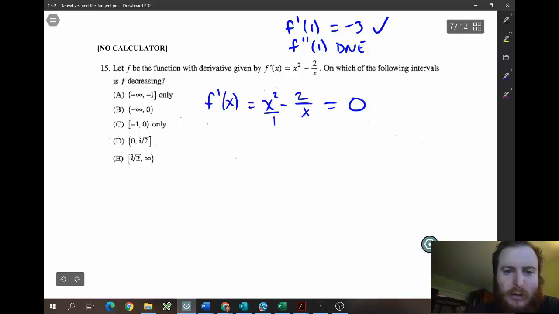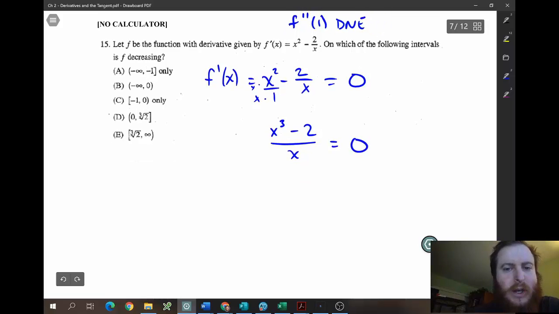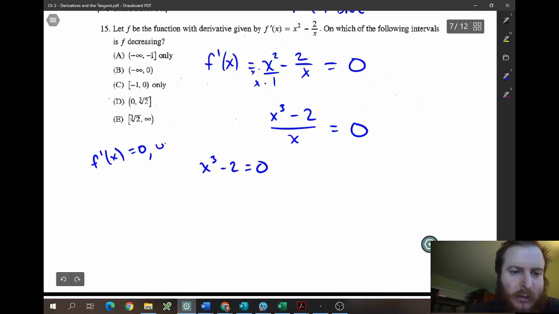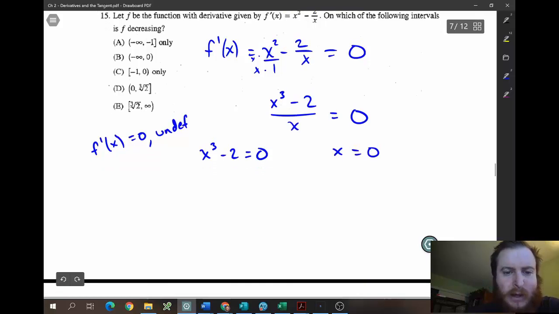So I'm going to do times x, and so we get x cubed minus 2 all over x equals 0. For critical points, we need to take the top equal to 0 and the bottom equal to 0. So the x cubed minus 2 case, that's going to be when we set f prime of x equal to 0. But remember, it could have also been equal to undefined. And so the denominator, x equals 0, that's going to be for our undefined case.